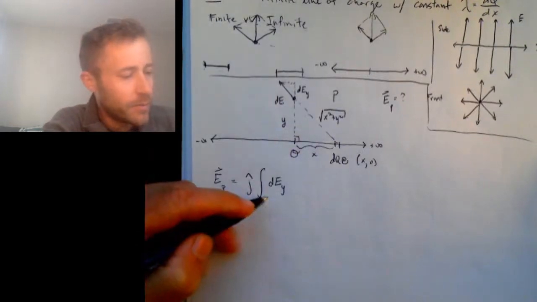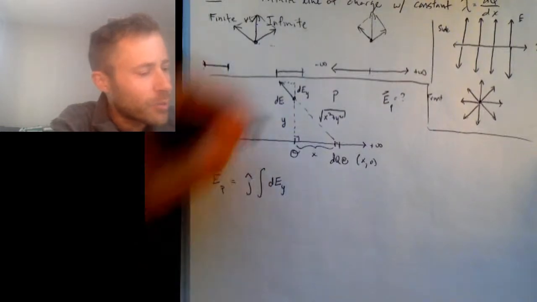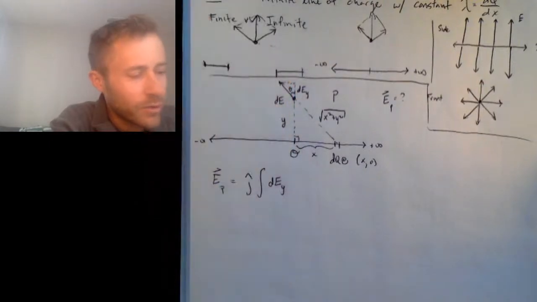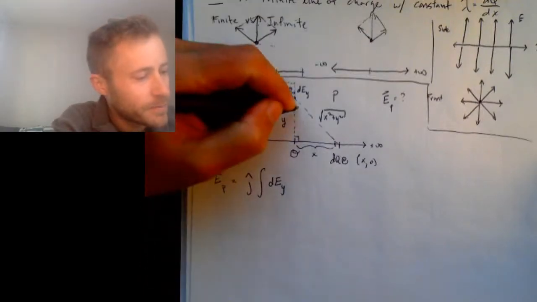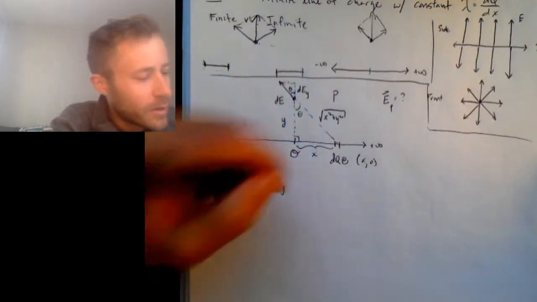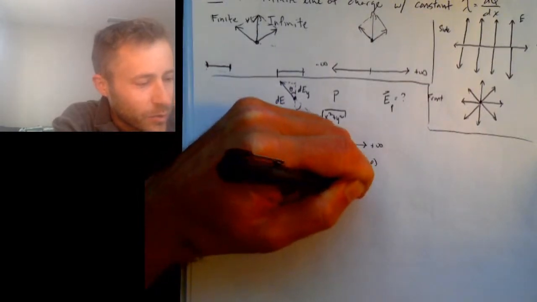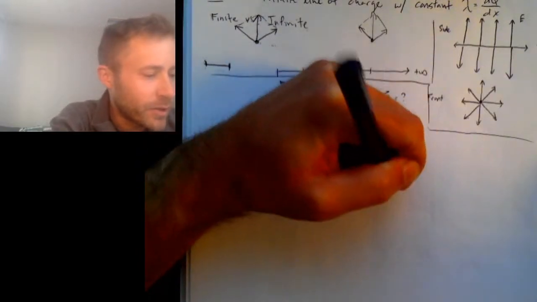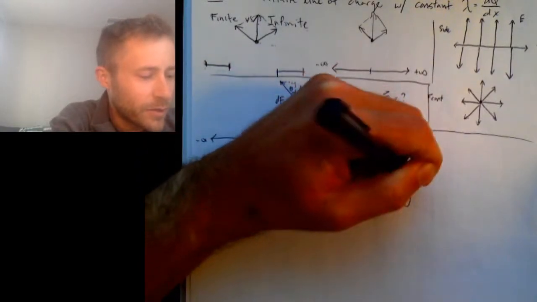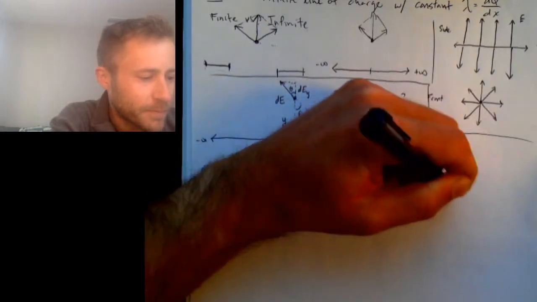of the electric field. So how do I get the y component? Well, if this angle is theta, then the y component is going to be cosine of theta. So what I'm going to do is integrate dE times cosine of theta. And dE, according to Coulomb's law, is k dq over r squared.